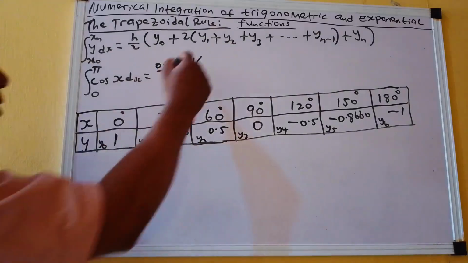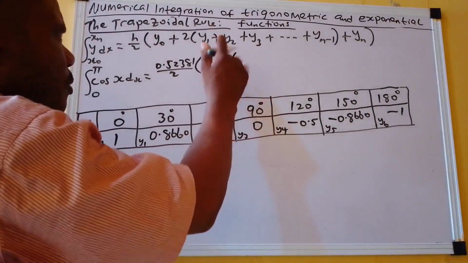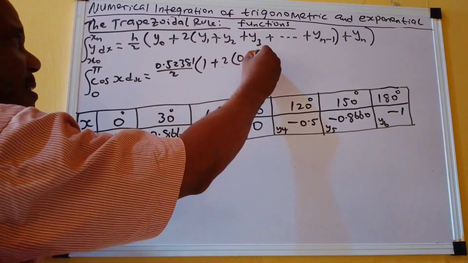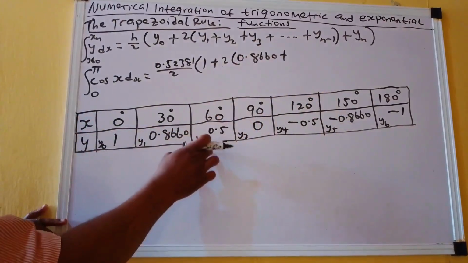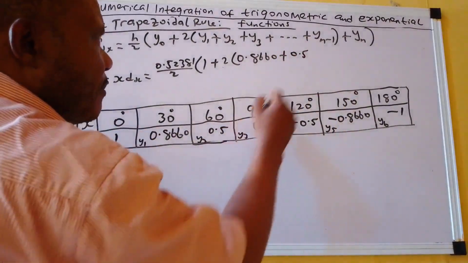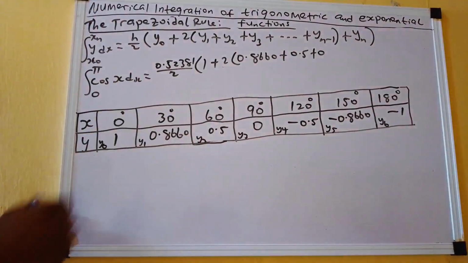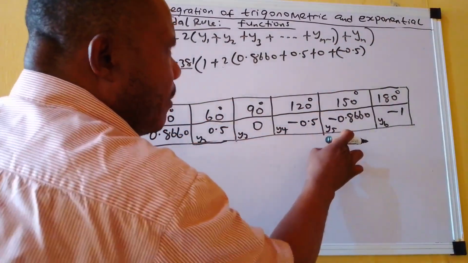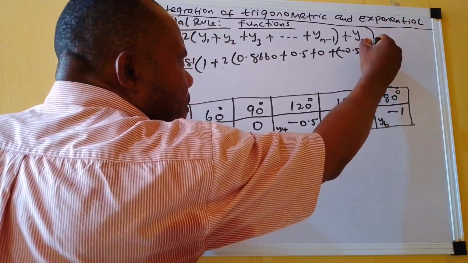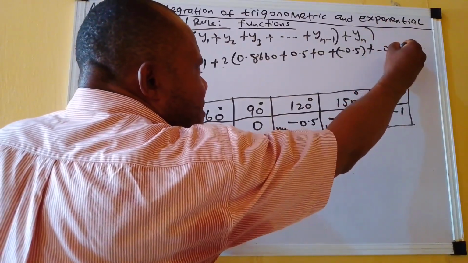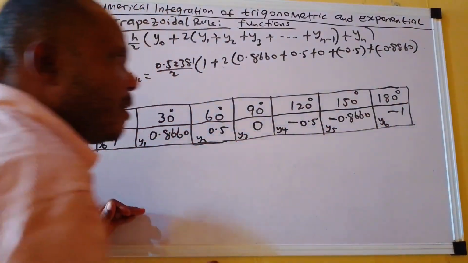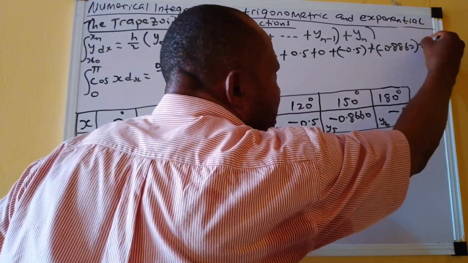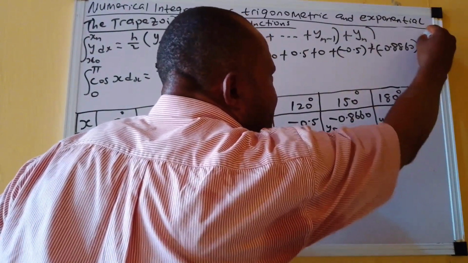Our y naught again is 1 plus 2 into y1, which is 0.8660, plus y2 0.5, plus y3 which is 0, then plus y4, which is minus 0.5, then our y5 will be plus minus 0.8660. Then of course you have plus minus 1, then you close the bracket.